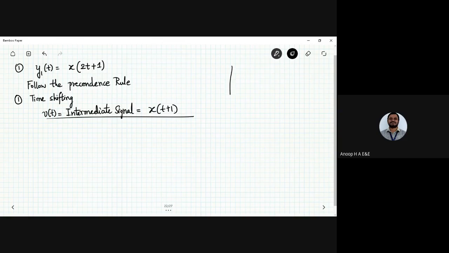And again, let me sketch x of t for reference. Each and every time I'm going to sketch it, for your understanding. That is 1, 2, and this is minus 1. So this is 1 here. Now x of t plus 1, I need to sketch it. It is an advanced signal.